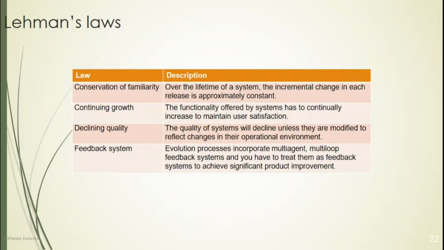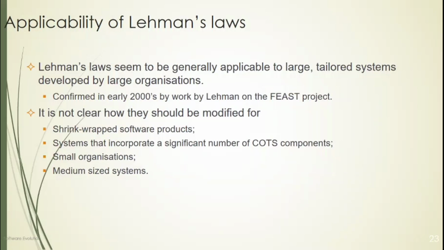The likely consequence of this is that one or more releases devoted to error repair are likely to be required. So these are Lehman's laws of the software evolution process dynamics, and a definite question will be there in the examination also. So next we'll go on to software maintenance.